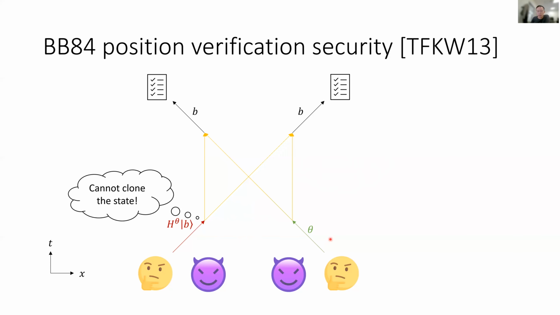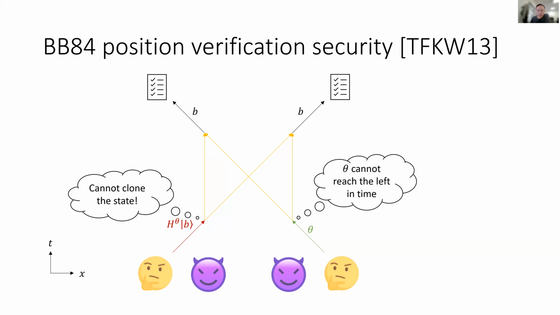And here, they can actually provably show that because theta cannot reach the left adversary in time, without knowing theta, this state is actually provably unclonable, which in turn establishes that this protocol is secure even against quantum adversaries.